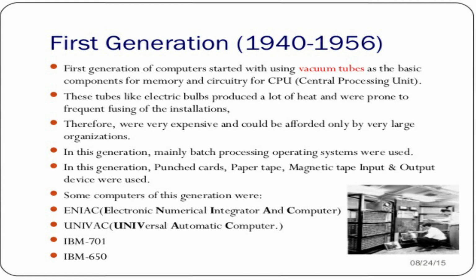Second, these tubes, like electric bulbs, produce a lot of heat and were prone to frequent fusing. They needed frequent replacement for the installation. Therefore, they were very expensive and could be afforded only by very large organizations.